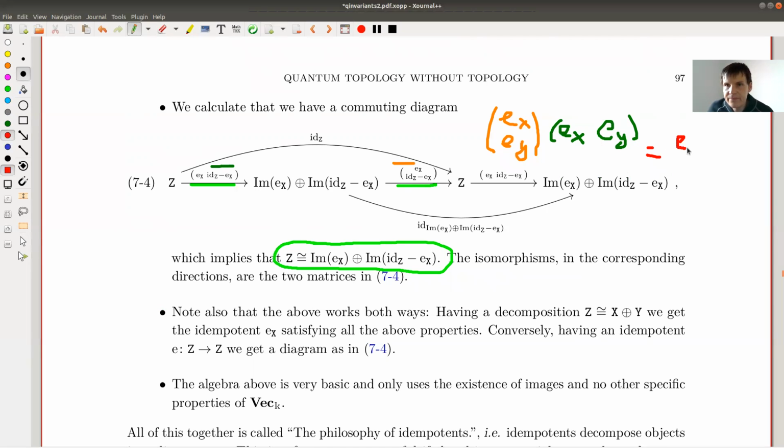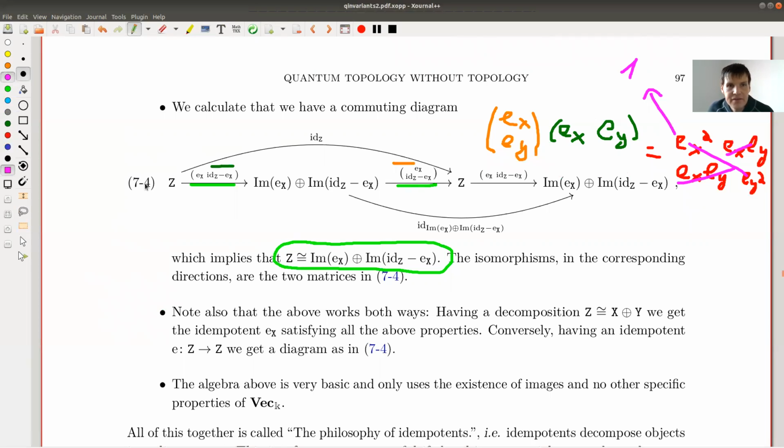Ex squared, very good. You get ex ey, ex ey, ey squared. And by the properties from before, those things die, right? These two sum up to the identity, so this is an isomorphism. And the inverse is just the inverse composition. So first orange, then green.